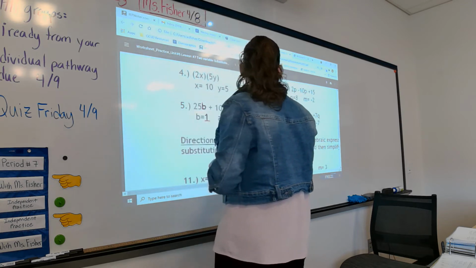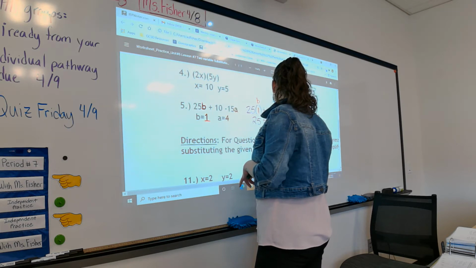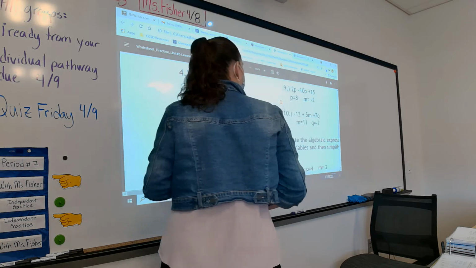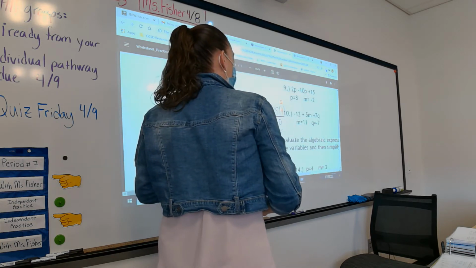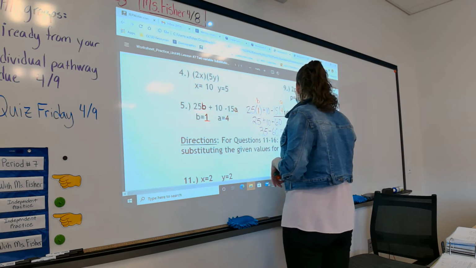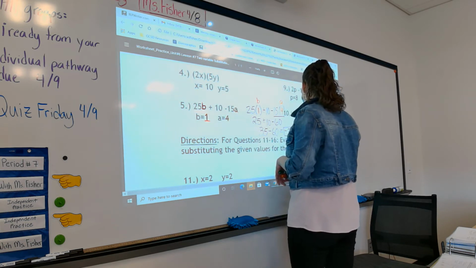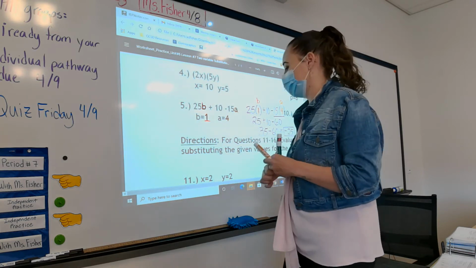All right, so I would combine the two positive numbers. 25 plus 10 is 35, so you have a positive 35 minus 60. 35 minus 60 gives you a negative 25. Final answer.